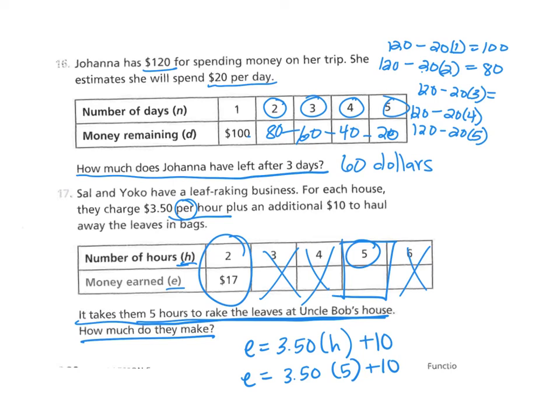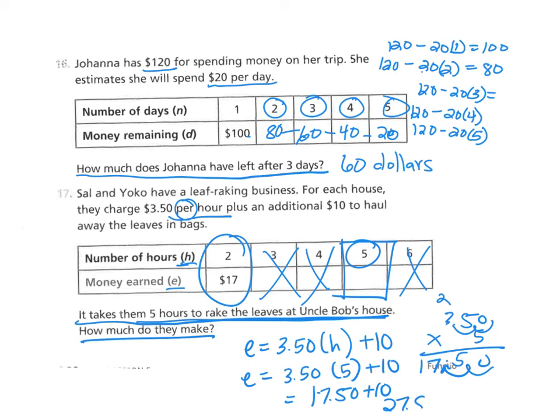Okay, so I know $3.50 times 5, 5, 0, 25, 5 plus that, 17. And then I have to move over twice for my decimal. That's reviewing decimals. 1750 plus 10 equals 2750. So $27.50 is how much money they made after 5 hours.